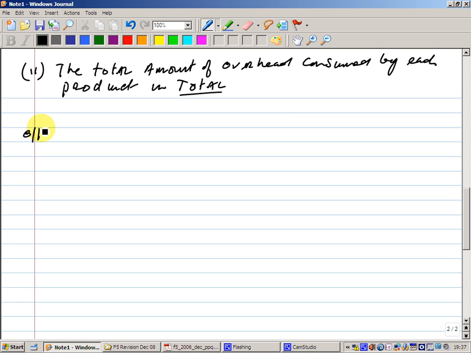The layout of the table would be the overhead, next would be the activity, the number of activities that is, and then we would have the cost. That's for each product.